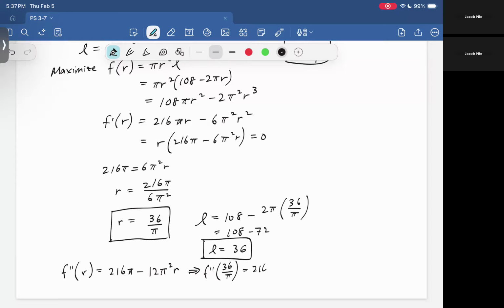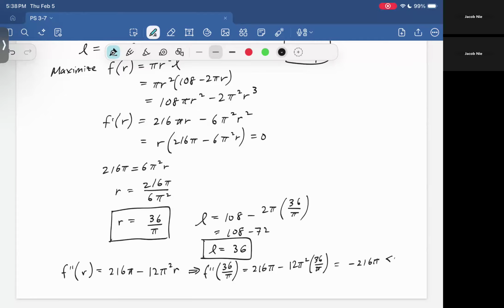We'll get 216 pi minus 12 pi squared times 36 over pi, which is equal to 144 times 3 is 432, I think. 432, 216 minus 432 is negative 216.